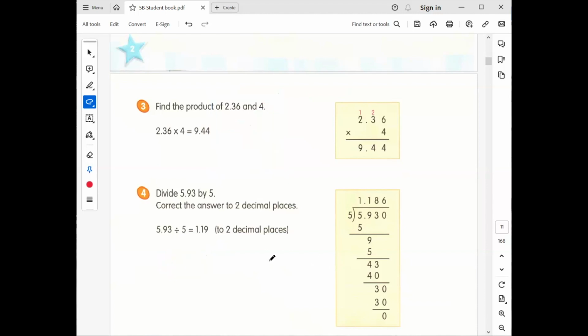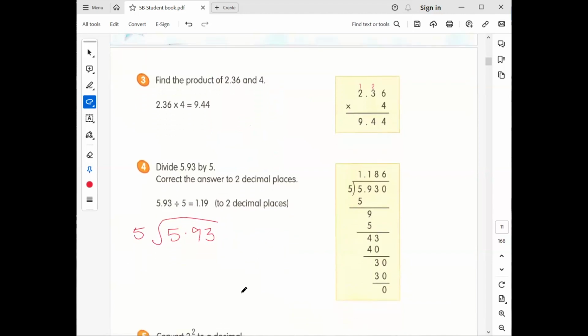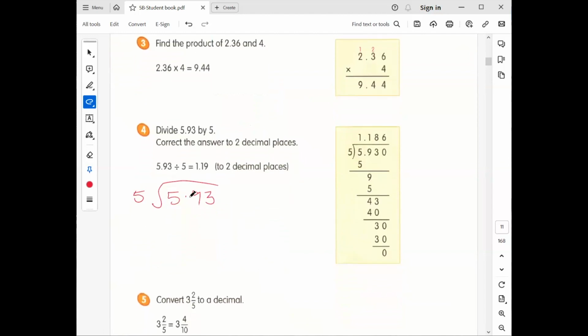Fine. So what is going to happen is this. Now, if we divide, 5 times what is going to be close to 5 is 1. 5 times 1 is 5.